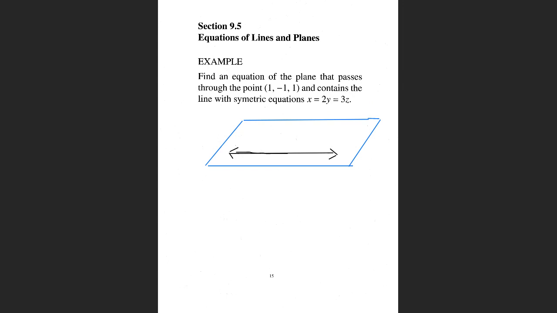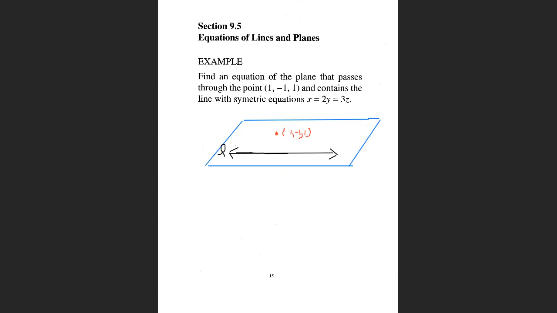We can call that line L. And then we have a point right here, (1, -1, 1), that's not on that line.